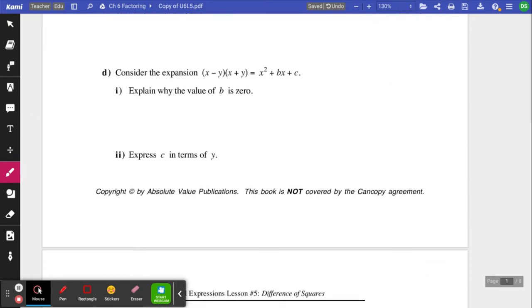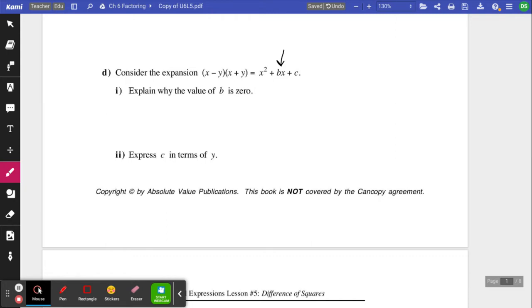Okay, part D. When I have x minus y and x plus y, can you explain why there is no middle term, why that's a 0? Can you explain why that happens? Because when you add together 2 opposites.